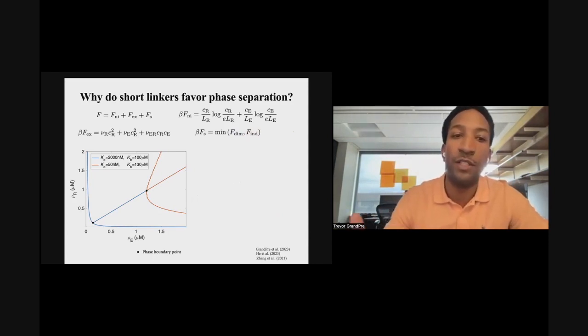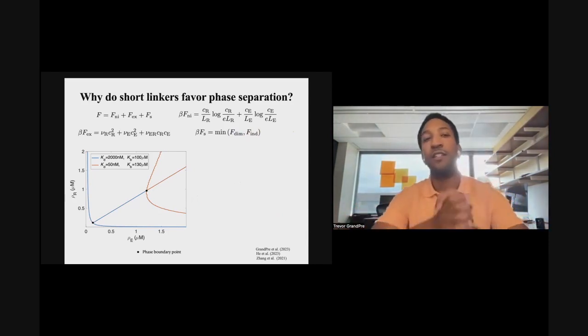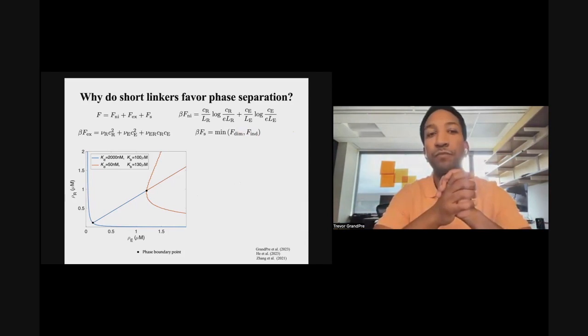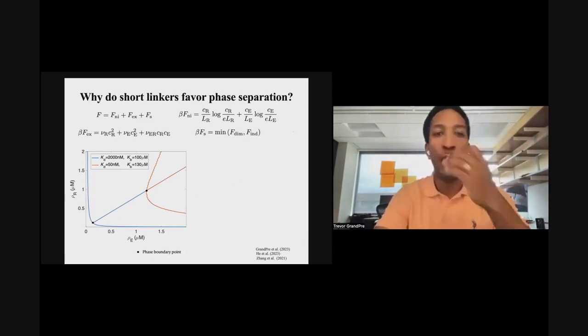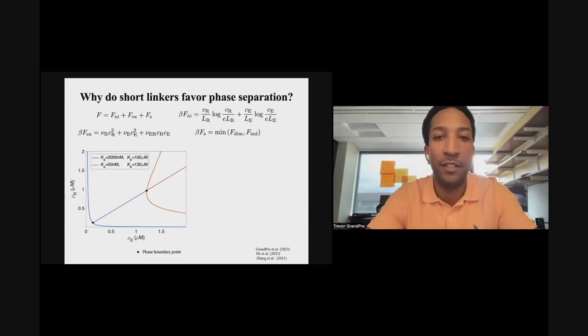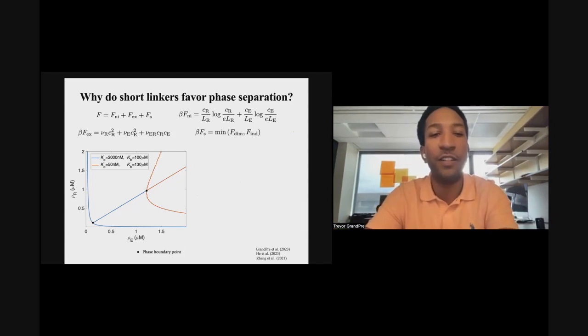The blue is for the short linkers and the red is for the long linkers. And the KB is a fit to the simulations to get the right dilute phase as in the simulations. And so from this, as you can see, the short linkers have a more dilute phase.